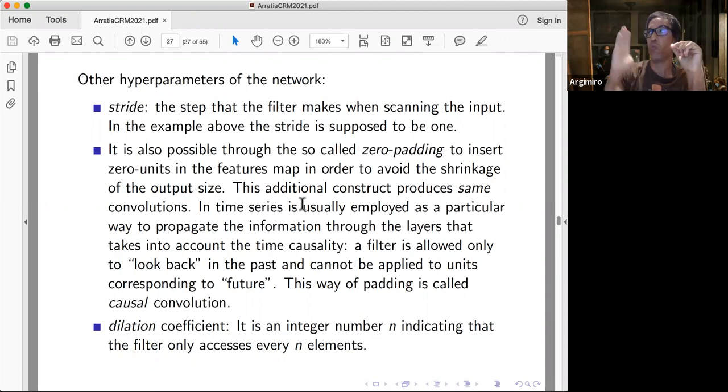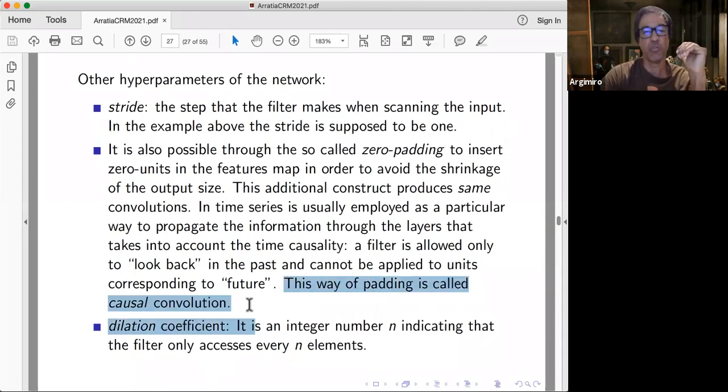So in order not to look at forward values in the case of time series, but to respect the timeline, this is what is called zero padding. By doing this, you avoid looking at the future values to predict the present, right? And with that padding, what you get is what is called a causal convolution.